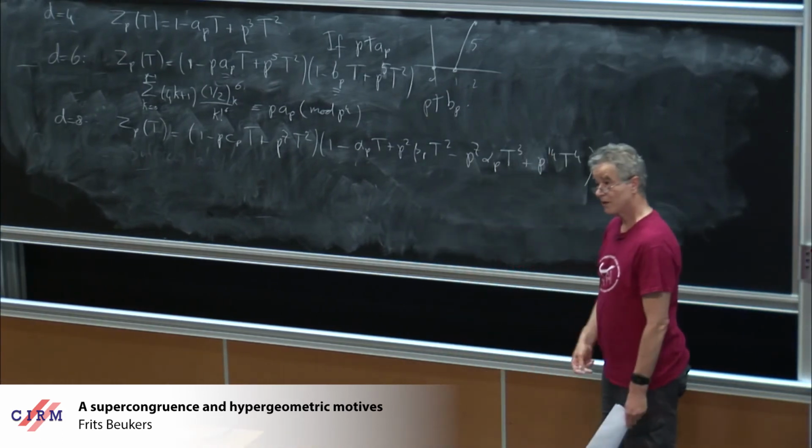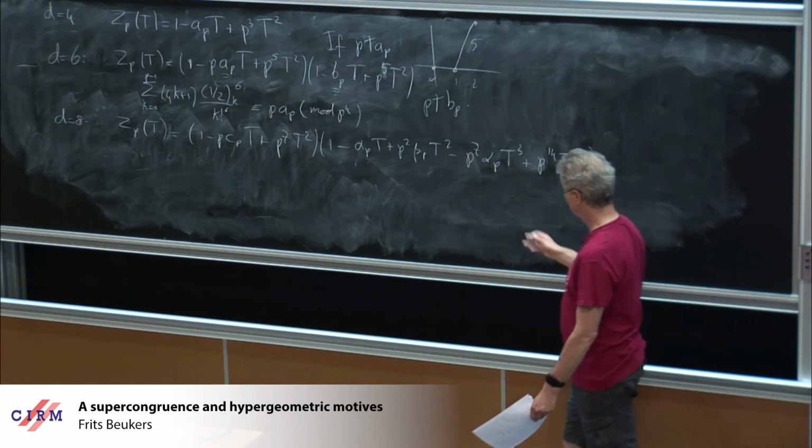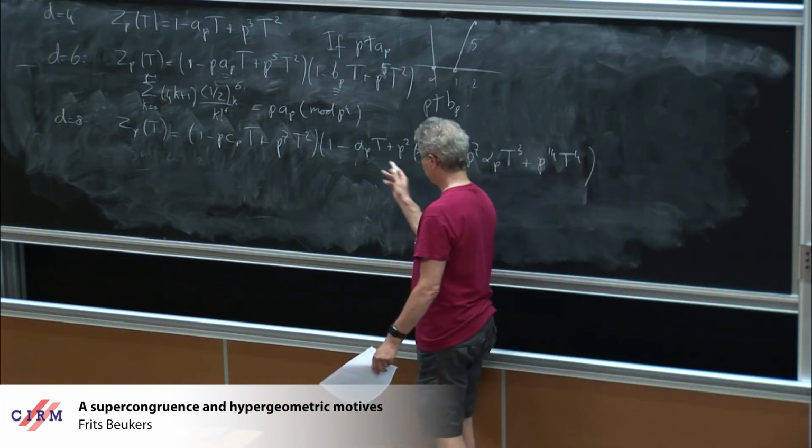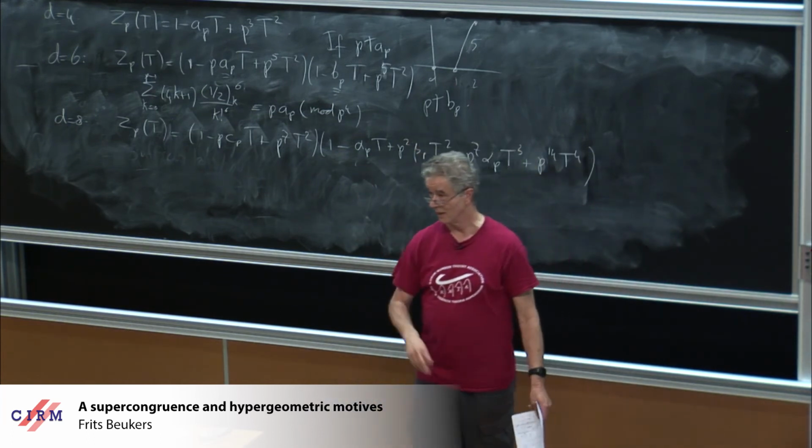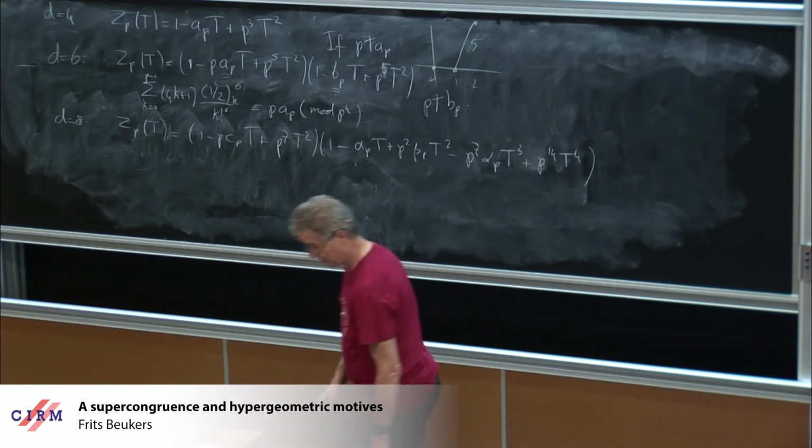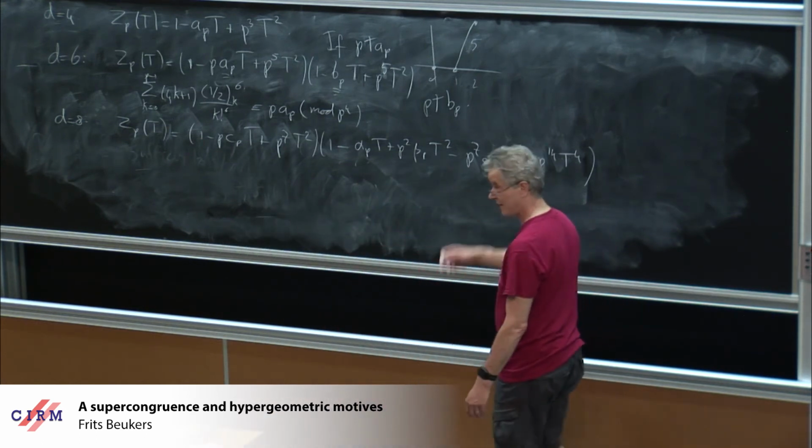Because of the functional equation for the zeta function, you get the alpha_p occurring in front of the t cubed and in front of the t. So they're kind of reciprocal polynomials. And this doesn't factor any further.